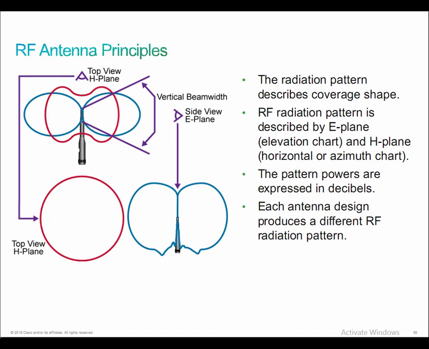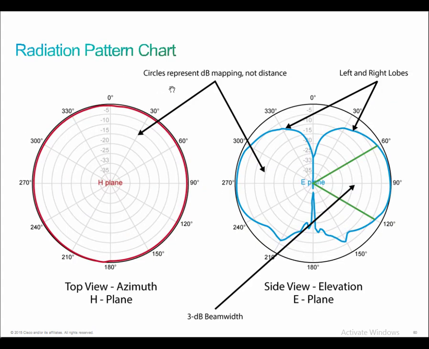All right, so let's take a look at the radiation pattern chart as it's applied, right? The H-plane existence and the E-plane existence. In all cases, the antenna is supposed to be in the center of this particular diagram.